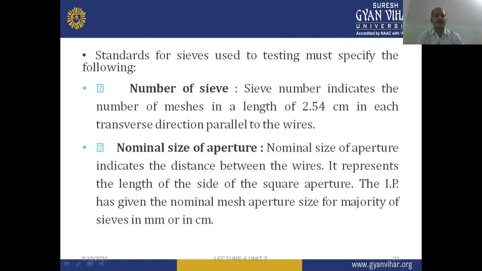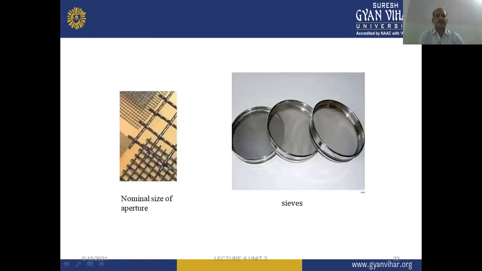So we can take the help of the Indian Pharmacopoeia to find the nominal mesh aperture size of a particular sieve number. We can find the diagrams of different sieves and nominal size of aperture in this PPT.